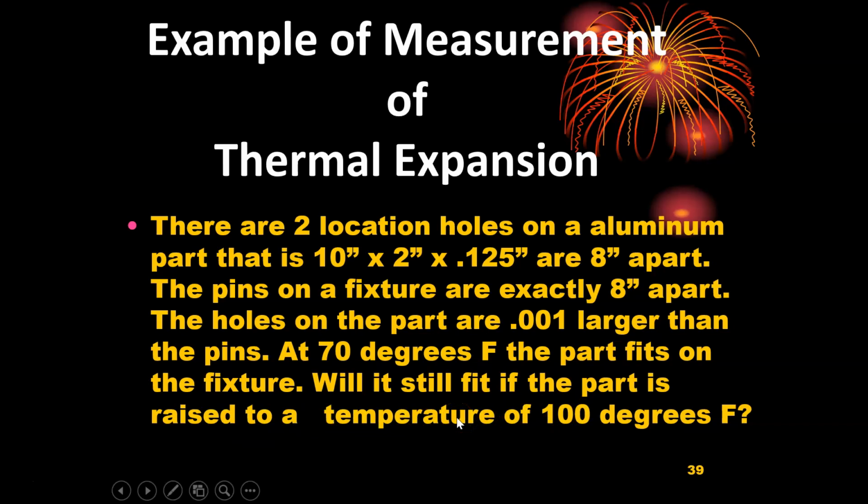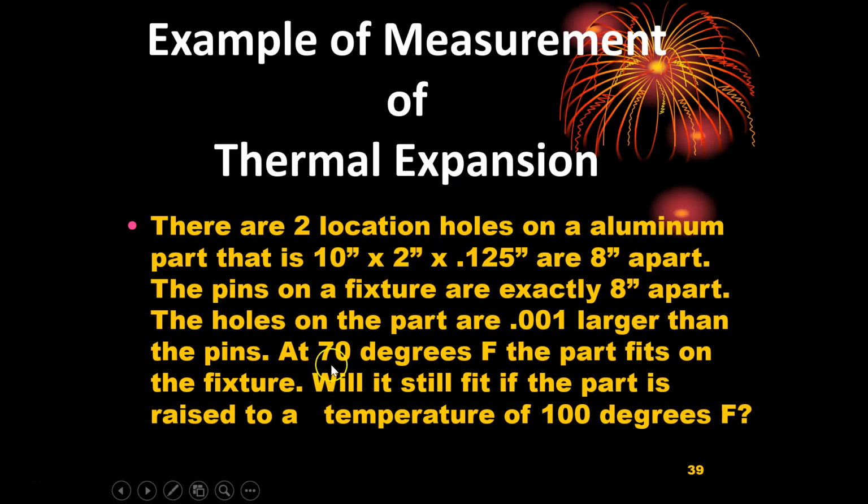So what we're looking for is we're trying to find out how far apart that's going to spread when we heat up that part. So what do we know? We know A, which is alpha, the Greek A, alpha, is the coefficient, 12.8 times 10 to the negative 6. We know the length, which is how far apart they are. They're 8 inches apart. We know the change in temperature.